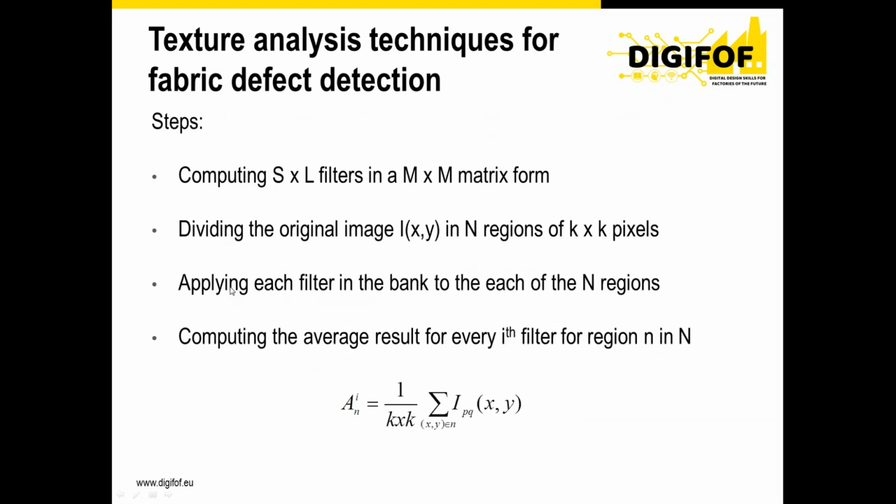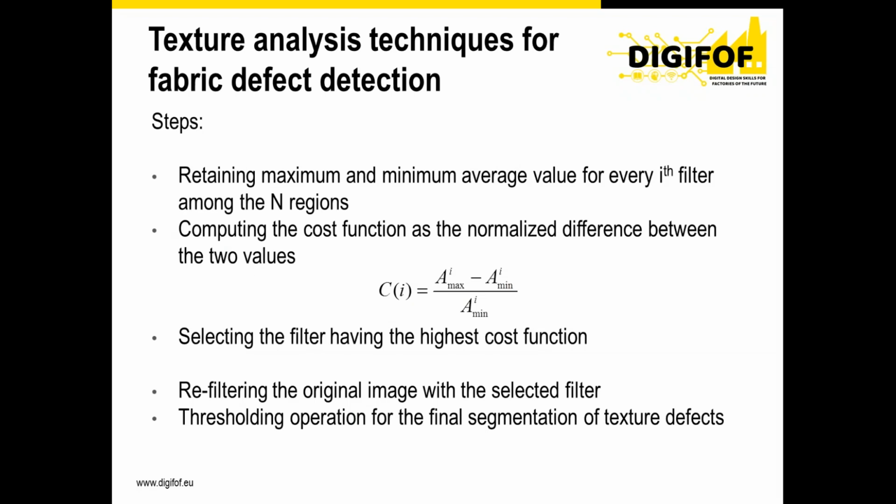So this is why here we are computing an average result, and afterwards we are trying to guess which is the filter that is better matching with the sub-regions or the sub-images that we have extracted from the initial big texture image that we are trying to detect or extract the features from.